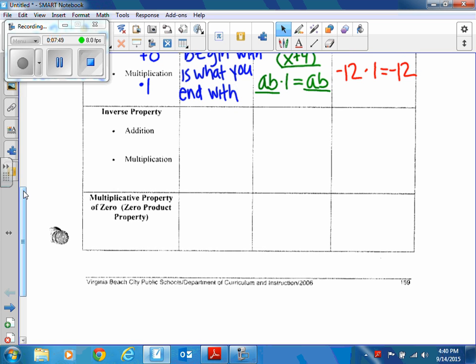And when you see the inverse property, you want to think opposite, okay? Because where we have addition, we're going to use the opposite operation. And where we have multiplication, we're going to use the opposite operation, which is division. So a number and its inverse yield the same answer.